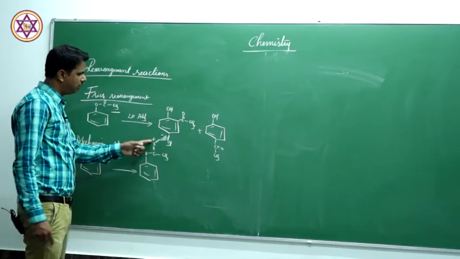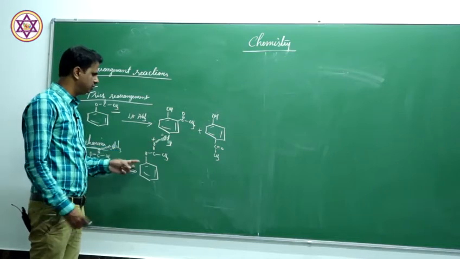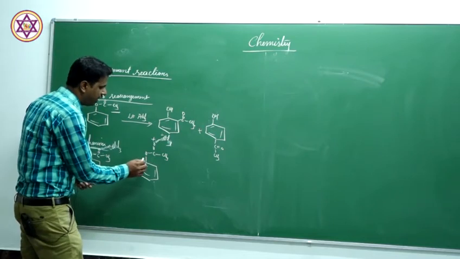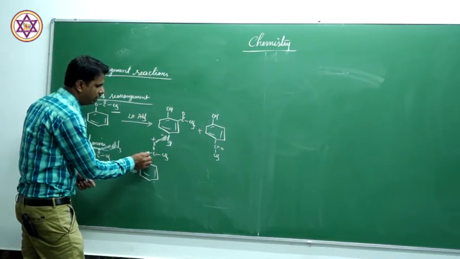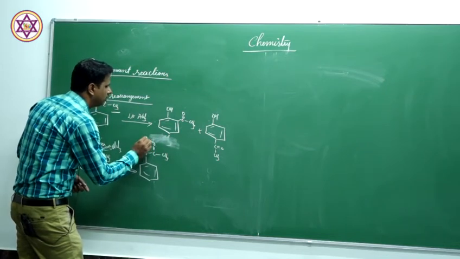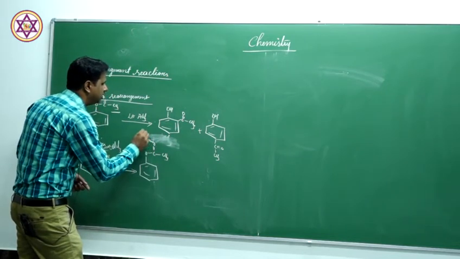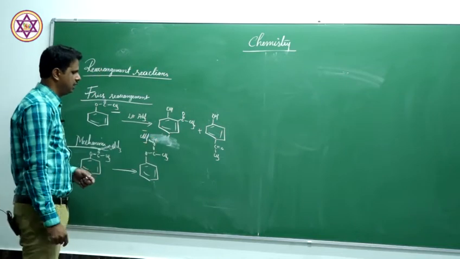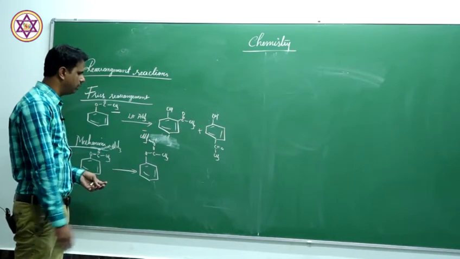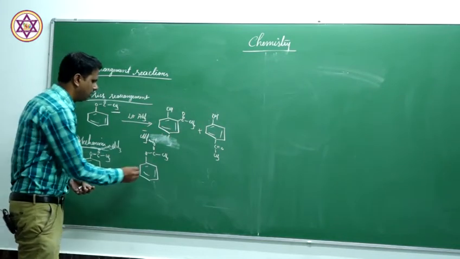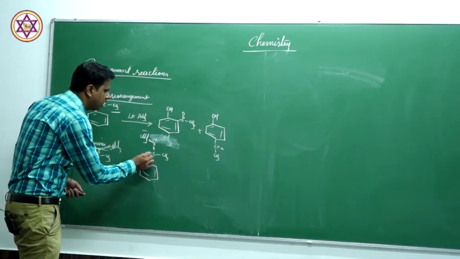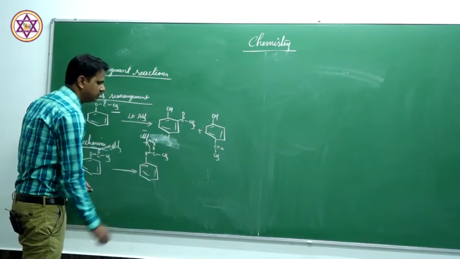Once this carbonyl oxygen gets a positive charge, a small rearrangement takes place. There is a migration of groups here. This oxygen attacks this AlCl3.